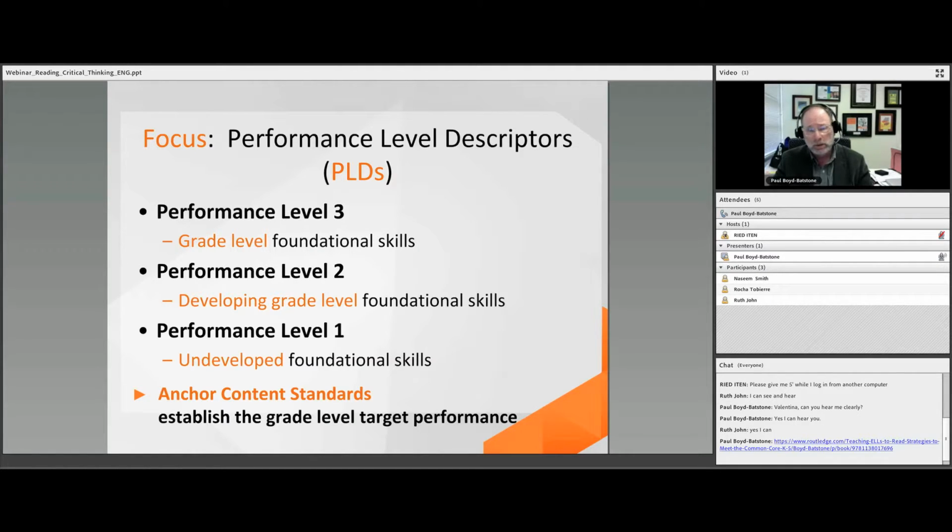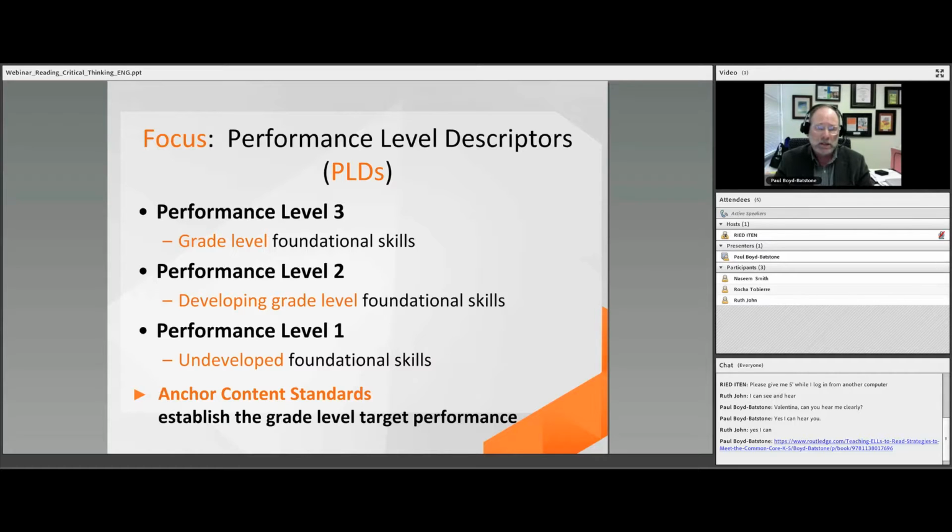So I'm dealing with these in reverse order, level 3 being the highest and level 1 being the lowest. I've developed some performance level descriptors in my book, and you can see those with the link that I provided. I'll have these available for you.